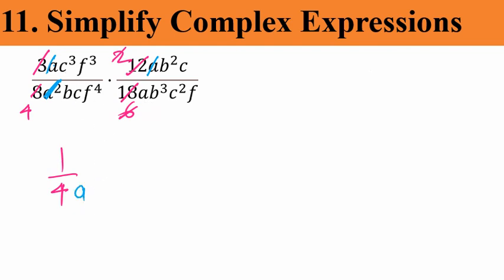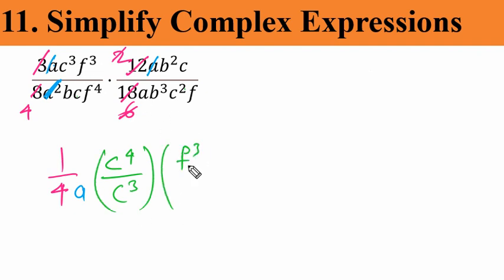Now anything else? Let me take another color. What about c power 3 and c? That will give you c power 4 in the numerator. In the denominator you will have 1 and 2 power, so that's c power 3. Okay, f power 3 in the numerator, in the denominator f power 4 and f, that will give you f power 5.